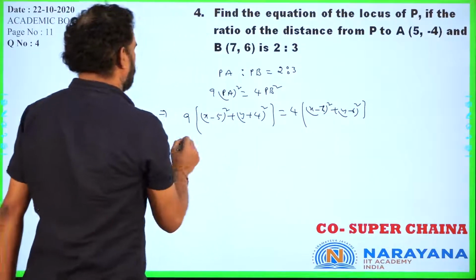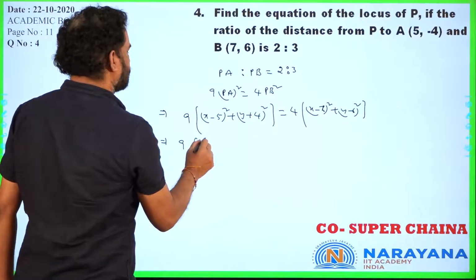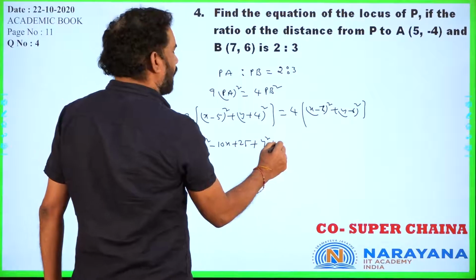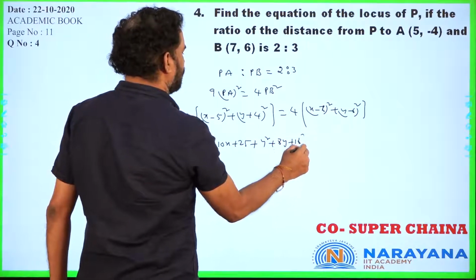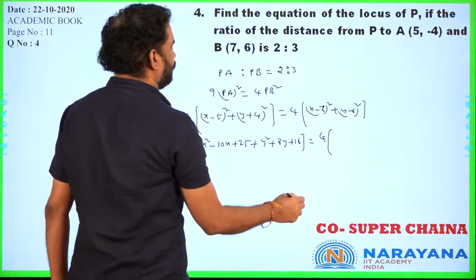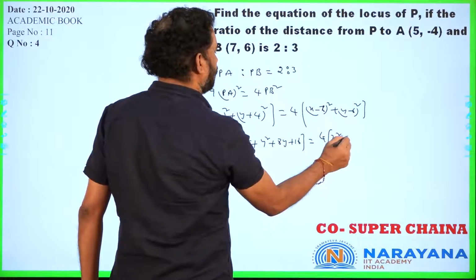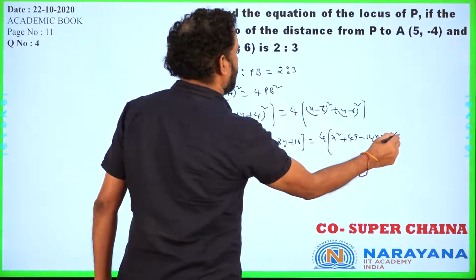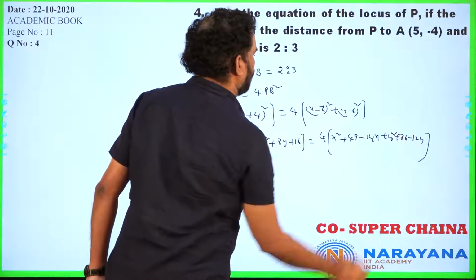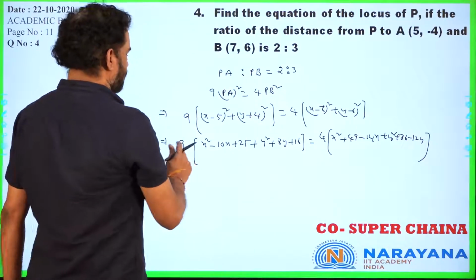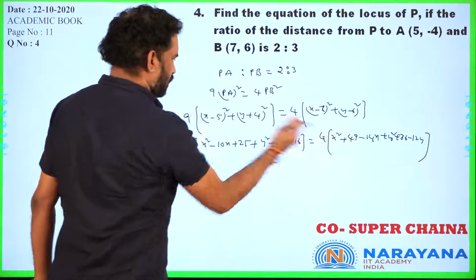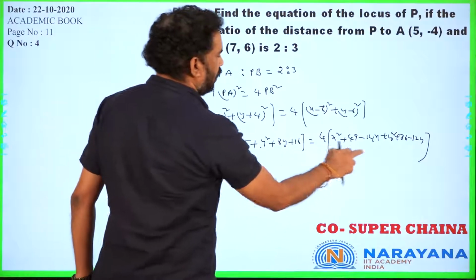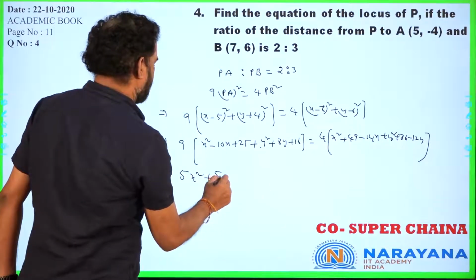That's one. So it is 9 into x square minus 10x plus 25 plus y square plus 8y plus 16 is equal to 4 into x square plus 49 minus 14x plus y square plus 36 minus 12y. Just a simple way: 9x square minus 4x square is 5x square, 9y square minus 4y square is 5y square.